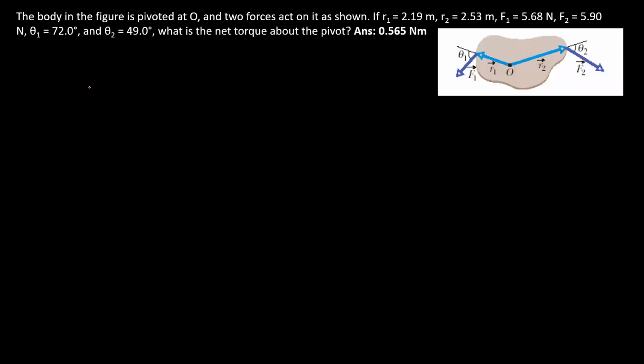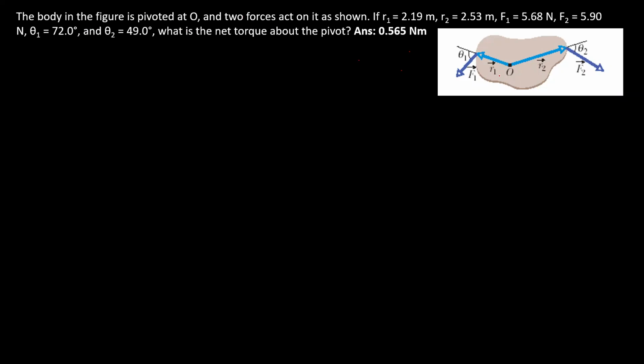Let's solve some problems. The body in the figure is pivoted. I can't seem to see the given, anyway, there it is. So the body in the figure is pivoted at O, right?